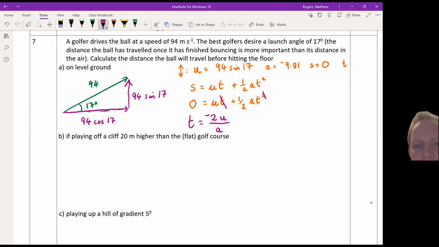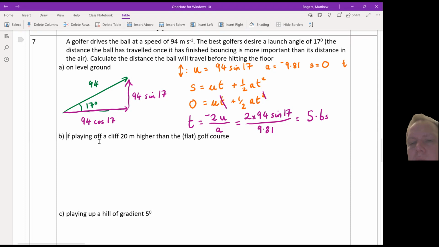The negative sign is going to go because a is minus 9.81, whereas u is positive, so this is 2 times 94 sine 17 over 9.81, which gives us the time that the ball is going to be in the air for. That is 5.6 seconds. So quite a long time.